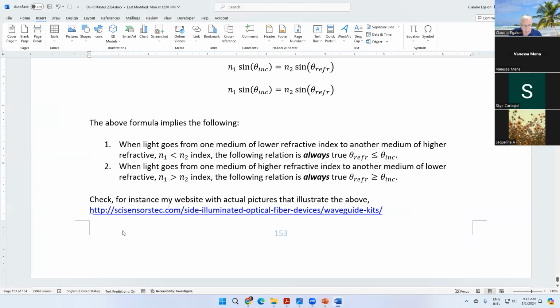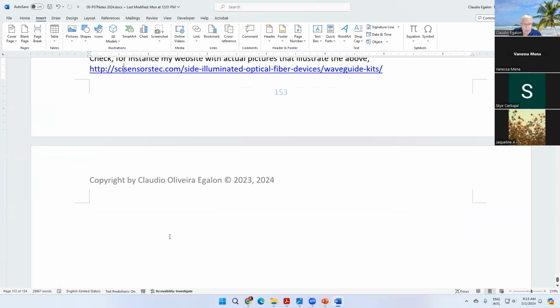The second case above has a very important consequence.